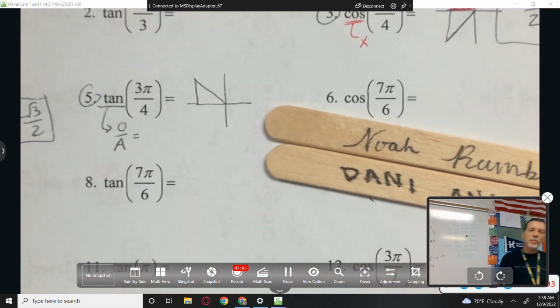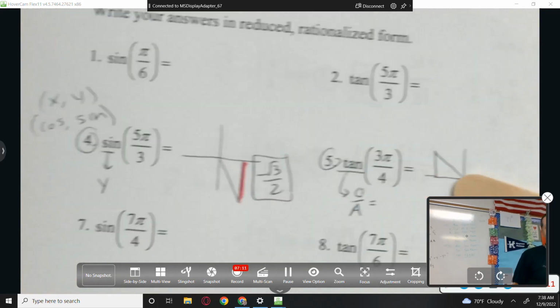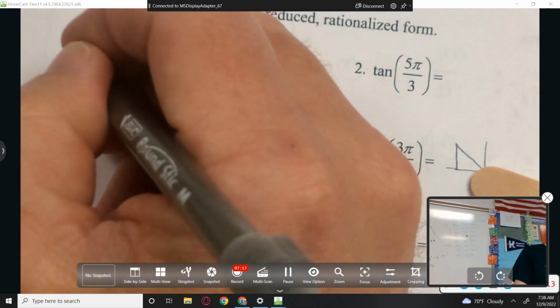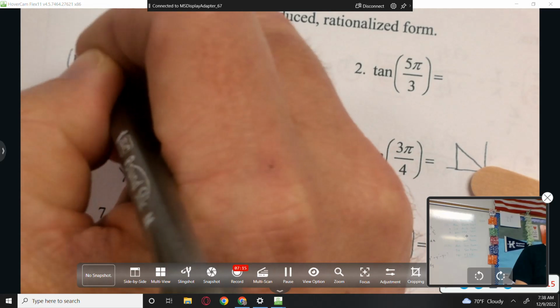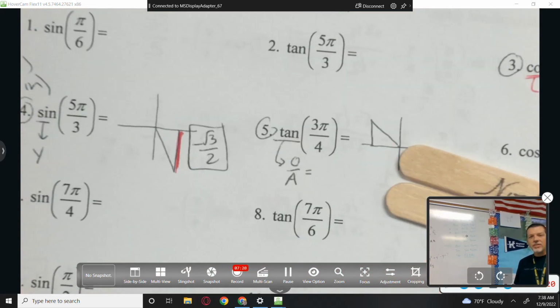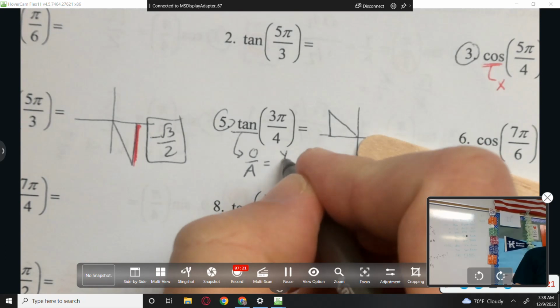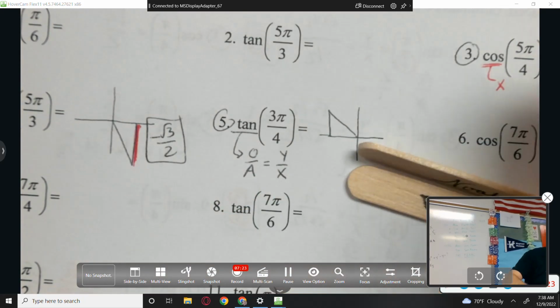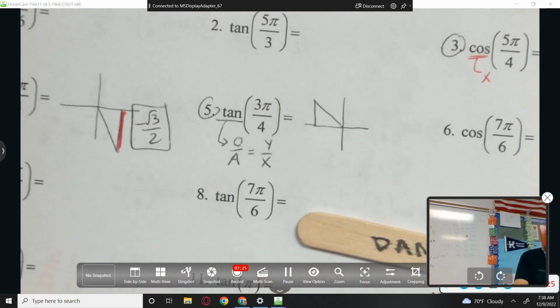Does that help you remember what it is in terms of x and y? No. Let's see, back to x, y, cosine, sine. It's also adjacent, comma, opposite. So the opposite over adjacent is y over x. So I need both side lengths.